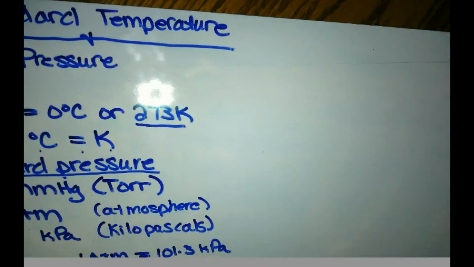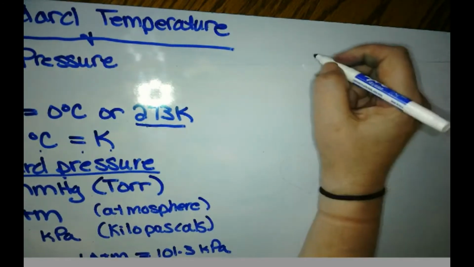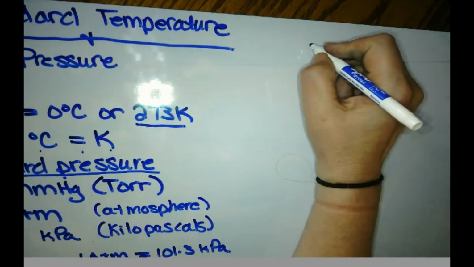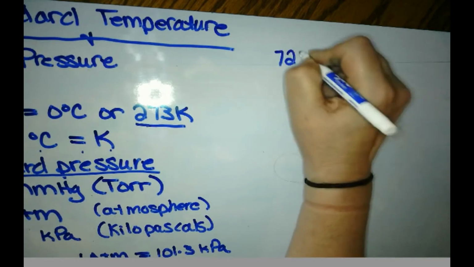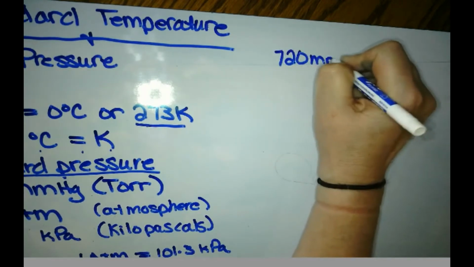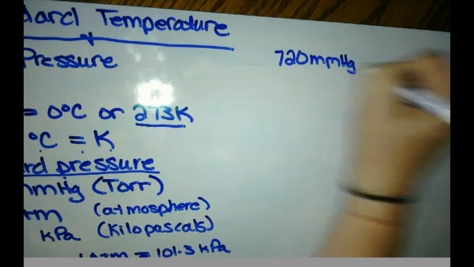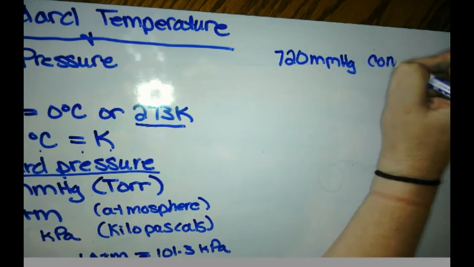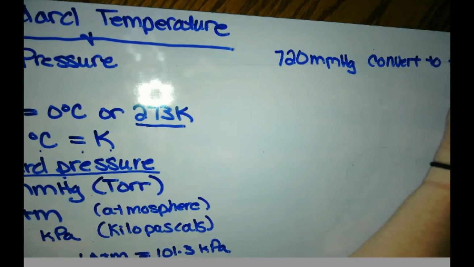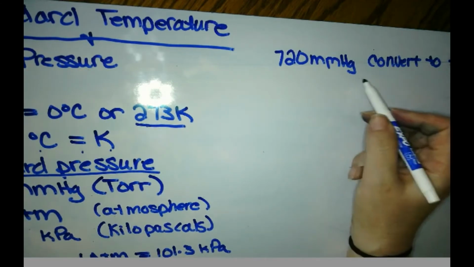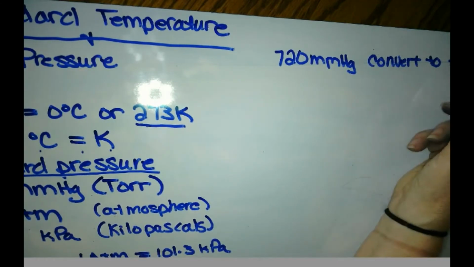So let's say that you have 720 millimeters of mercury, and you need to convert that to atmospheres. Okay? How would we do that? Or the question could say 720 millimeters of mercury is how many atmospheres?